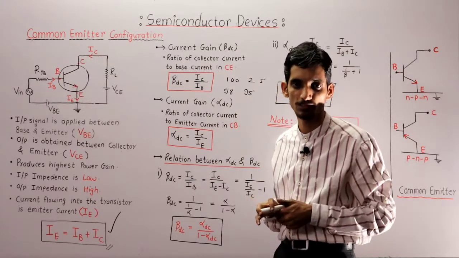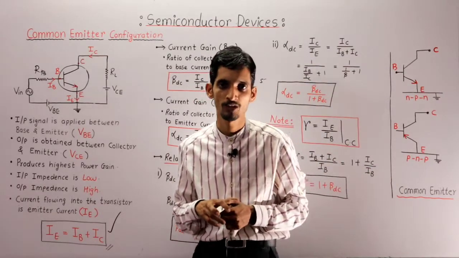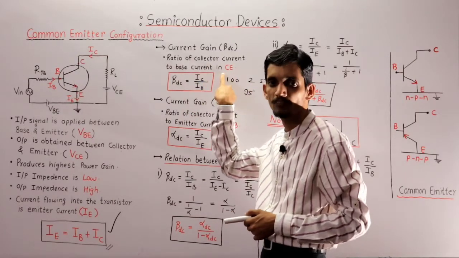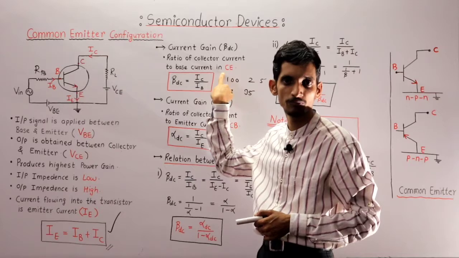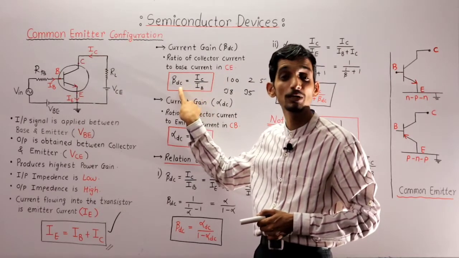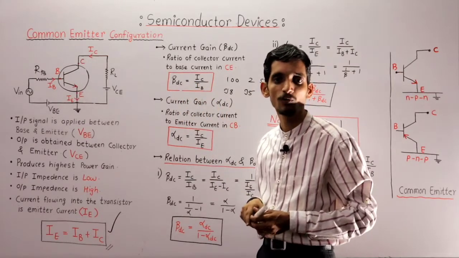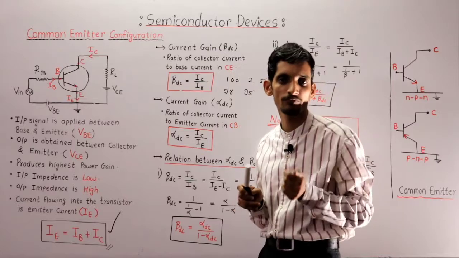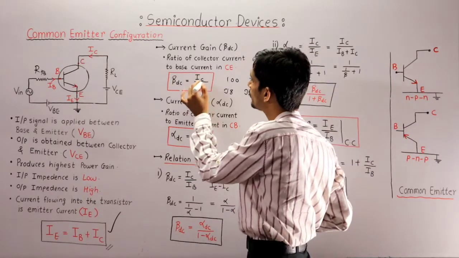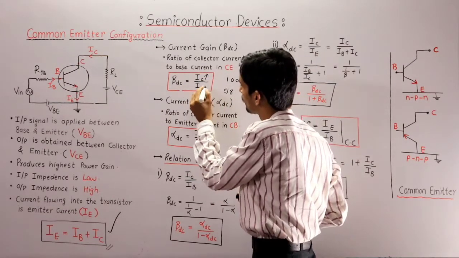So gain means the ratio of output upon input. The ratio of collector current to base current in common emitter configuration is called beta DC, the common emitter current gain of the transistor, that is IC upon IB. Gain of the transistor being more means not increasing the collector current, but decreasing the base current.